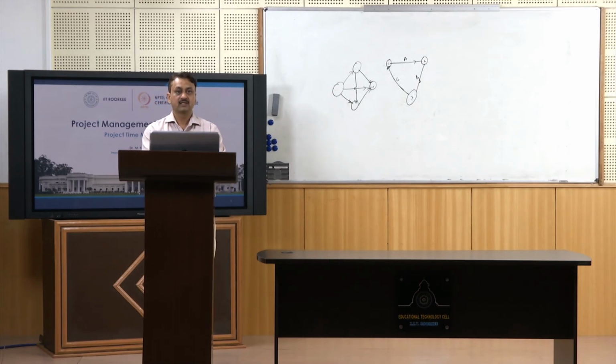So, we will see this particular point in next session. So, with this, thank you very much. In next class we will start how to number different nodes and some more points in details. Thank you very much.